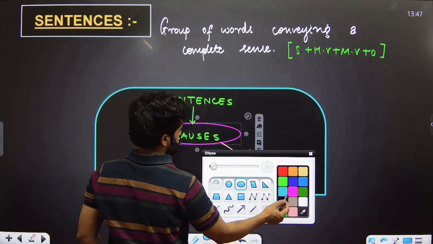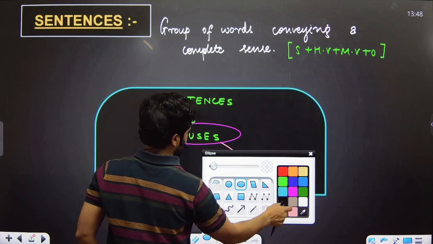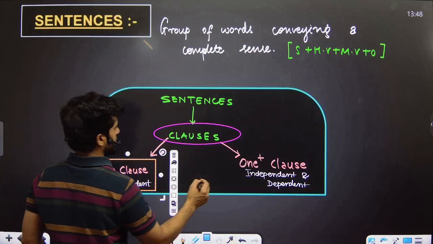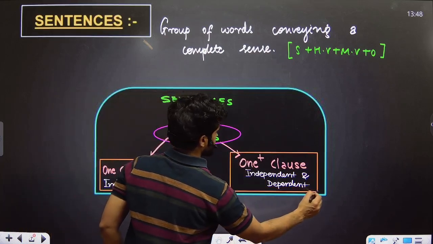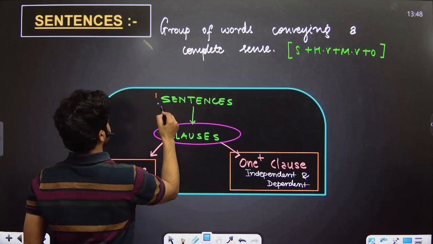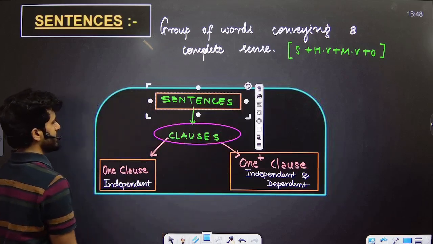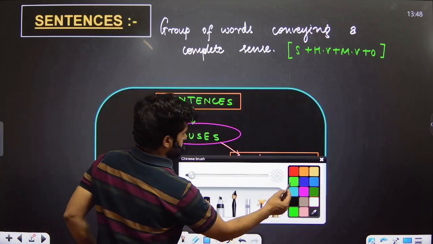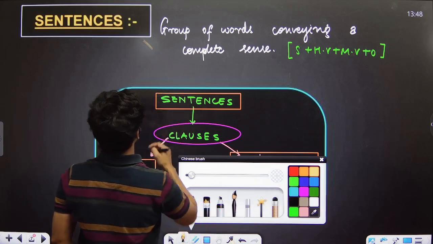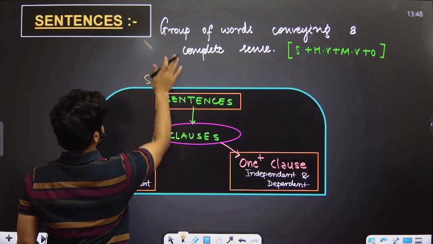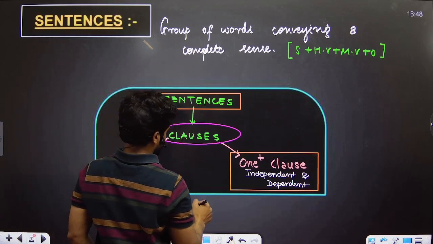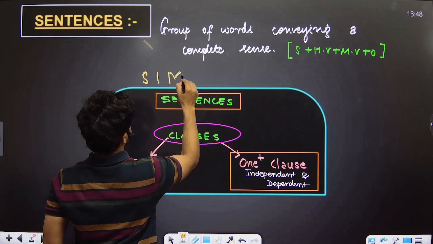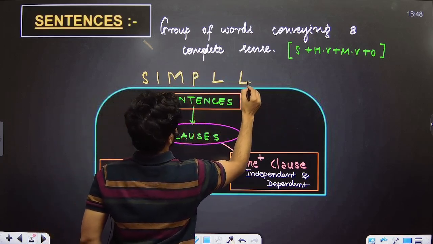See, I am making these charts just to give you the idea and to help you memorize these things, so that you will not forget or get confused with the theory part. Got it? This is easy for you all to remember. The different kinds of sentences we came to know: simple. Meanwhile, as you are writing, try to say it also; at the same time, you will remember it.